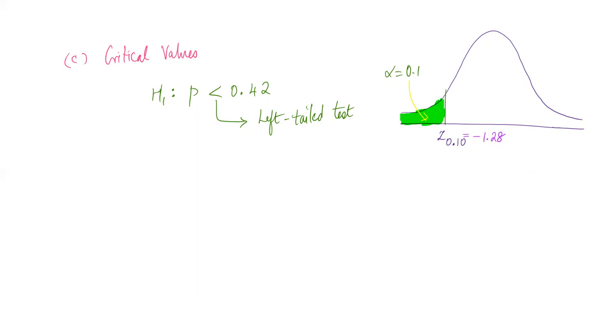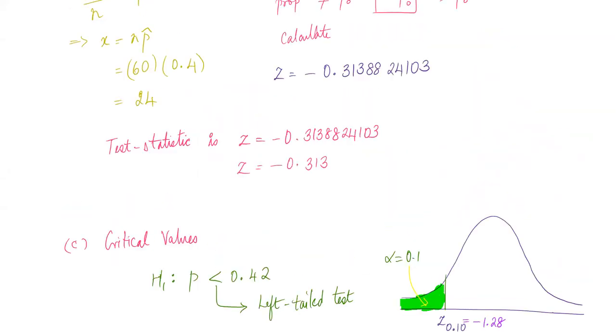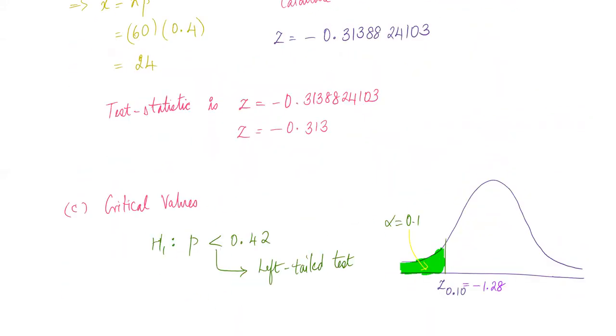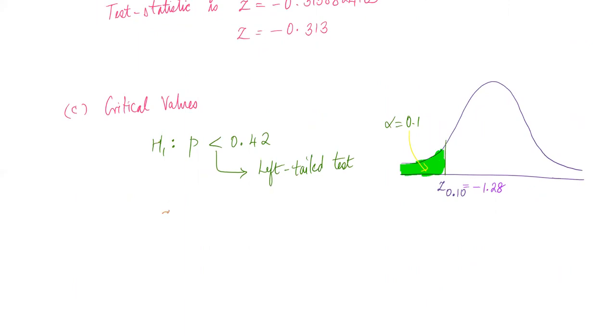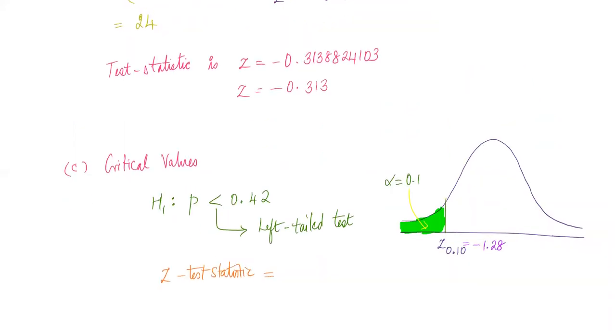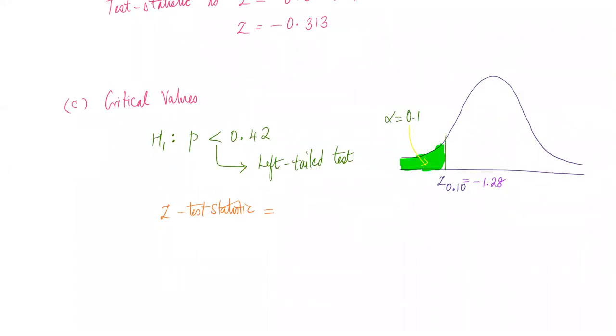Now we go to our test statistic. That is the z from the test statistic, which came out to be negative 0.313. We need to see where this value lies.